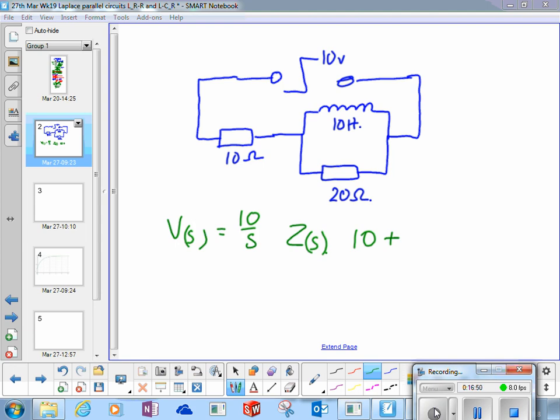So that's the inductor, S, times 20 over 10S plus 20.